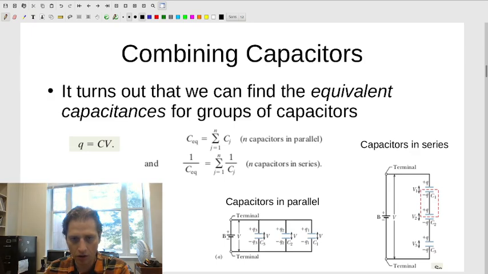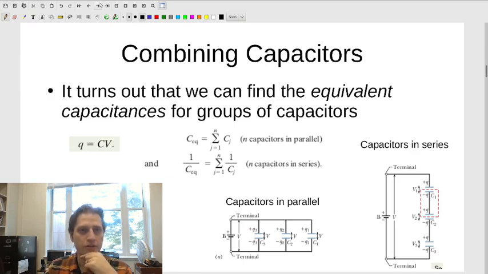Since these are all just a wire, the potential is going to be the same on all of these, and the potential difference across each one of those is the same. The potential difference across each one of our capacitors in series is not the same, but the charge is going to be the same. We used that to come up with the equations in our last video for the equivalent capacitance of capacitors in parallel and in series.